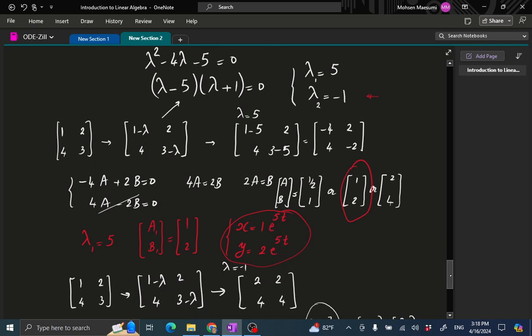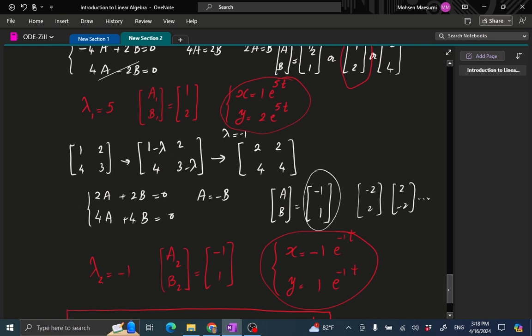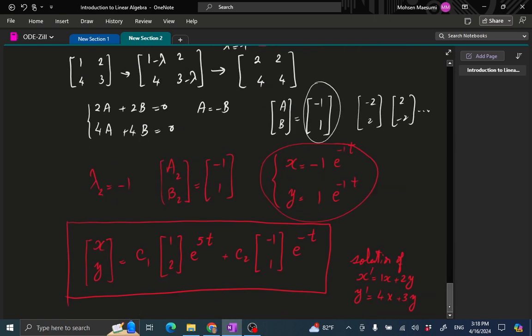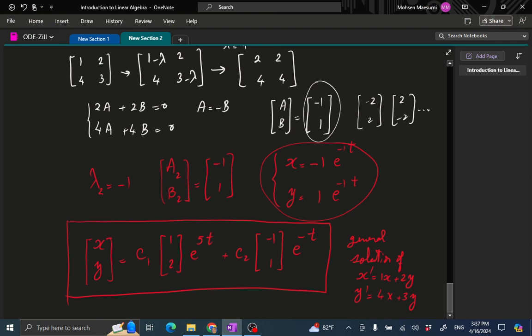We repeat this process for each eigenvalue and get a second solution. Now a linear combination of the two solutions multiplied by C1 and C2 is going to give a so-called general solution of our system. How about C1 and C2? Well, you will want initial conditions to figure those out. Okay, until next time, good luck and God bless.